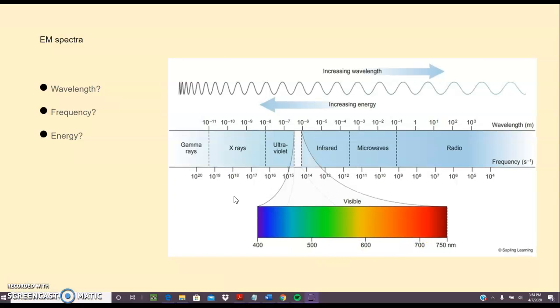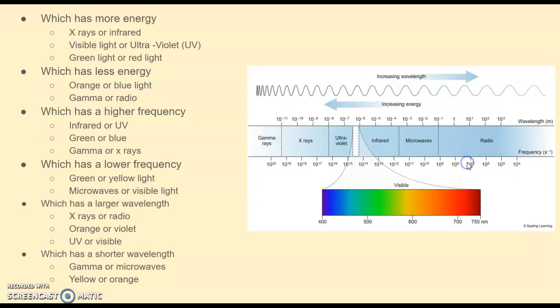So let's look at a few questions that we might see. So I could ask you questions such as which one has more energy. So if I'm looking between X-rays and infrared rays, you want to find them on the spectrum. X-rays are right here, infrared rays are right here. Look at this wave diagram because it should help you out here.